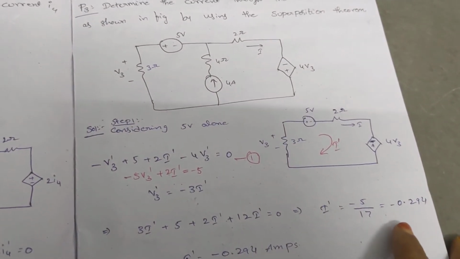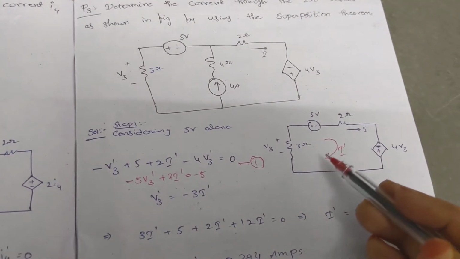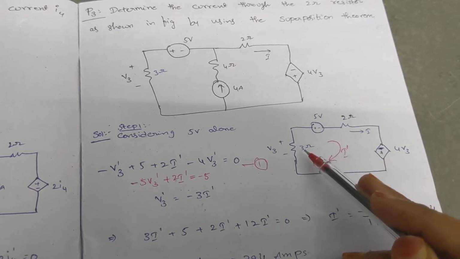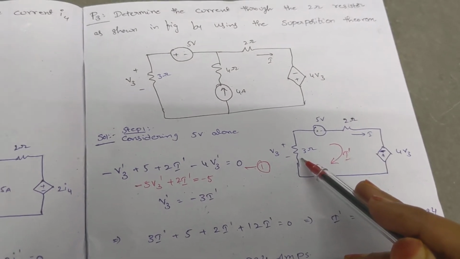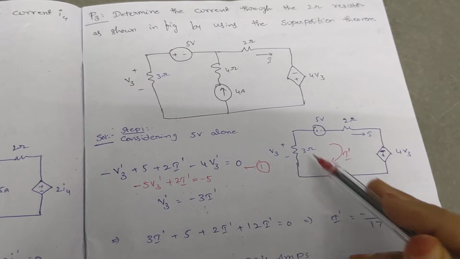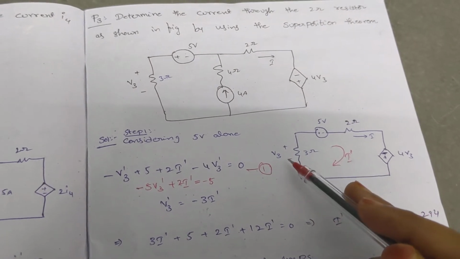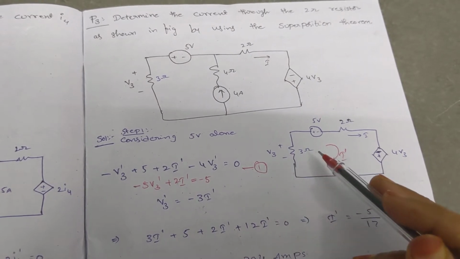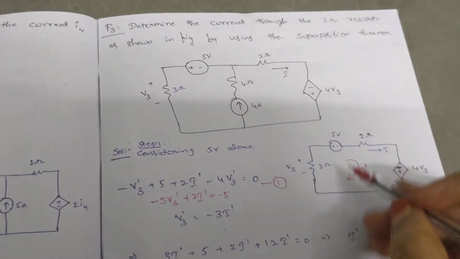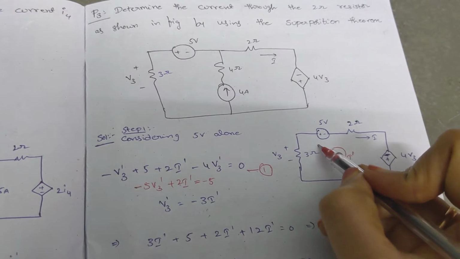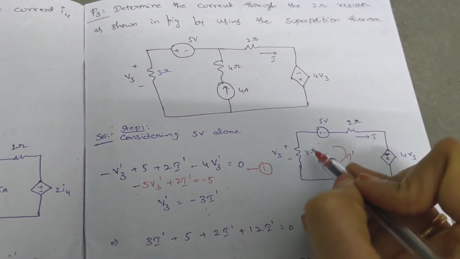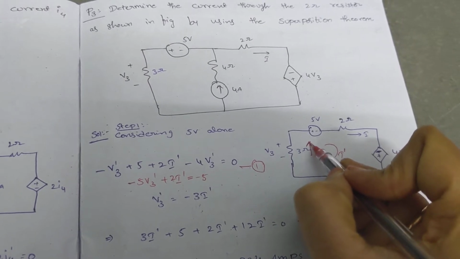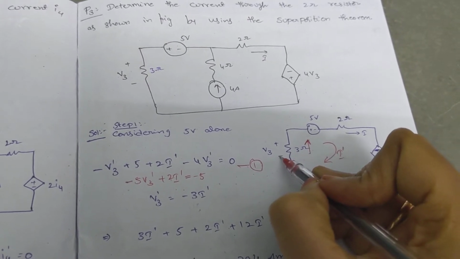In the second equation, the current flowing through this 3 ohms resistor has a voltage drop of V3, and the current is flowing in the upward direction, so it has a minus voltage drop.